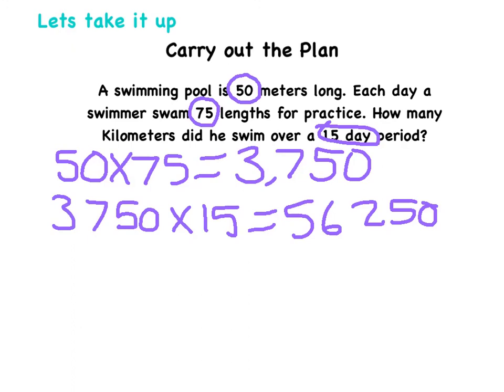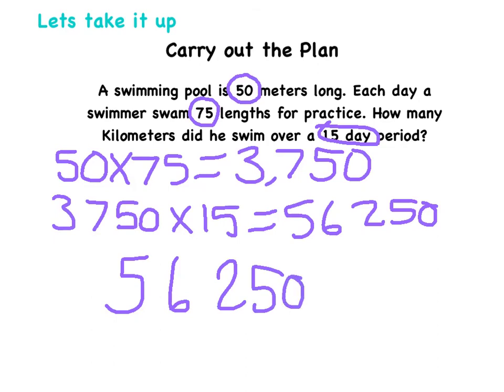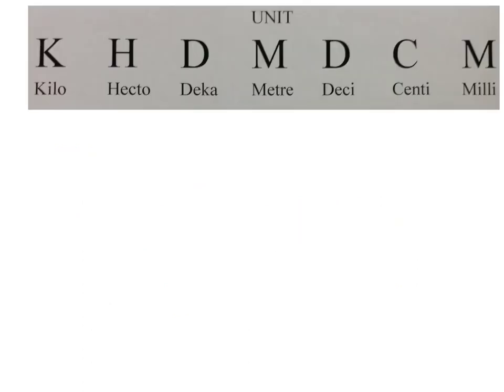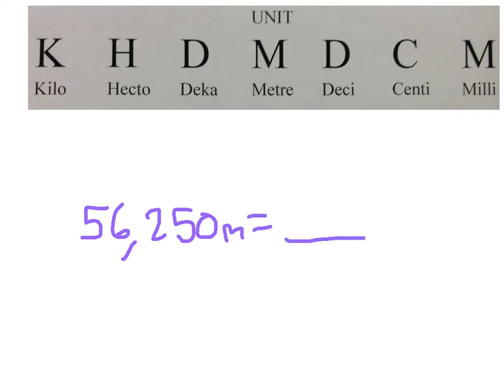Now we need to convert 56,250 into kilometers, because right now it is in meters. Converting 56,250 meters to blank kilometers.